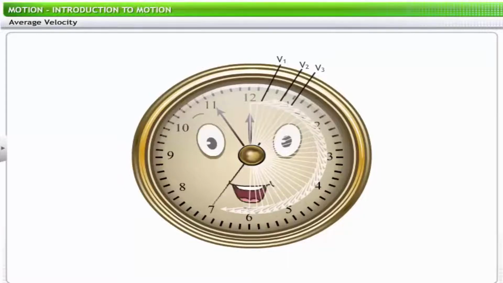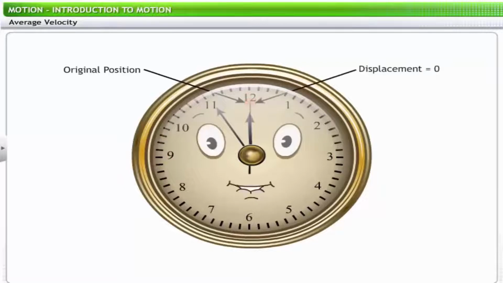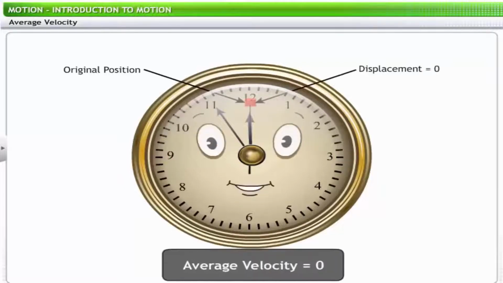Thus, if you consider the second's hand, its velocity actually changes each second. When the second's hand completes one full rotation in 1 minute, it comes back to its original position. At this point, its displacement becomes zero, and hence the average velocity also becomes zero.